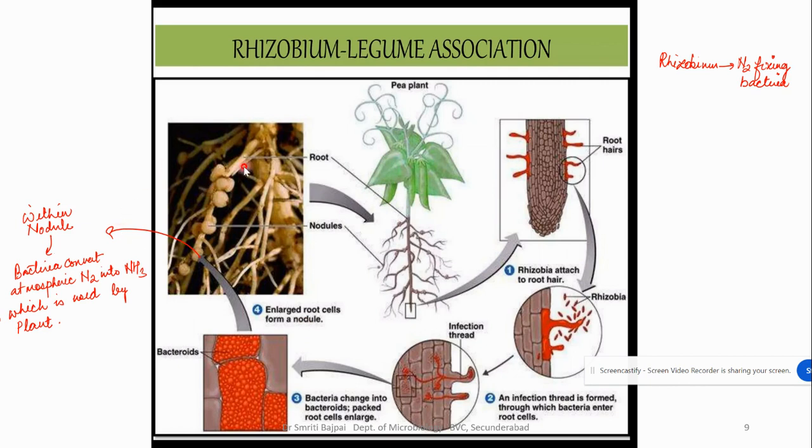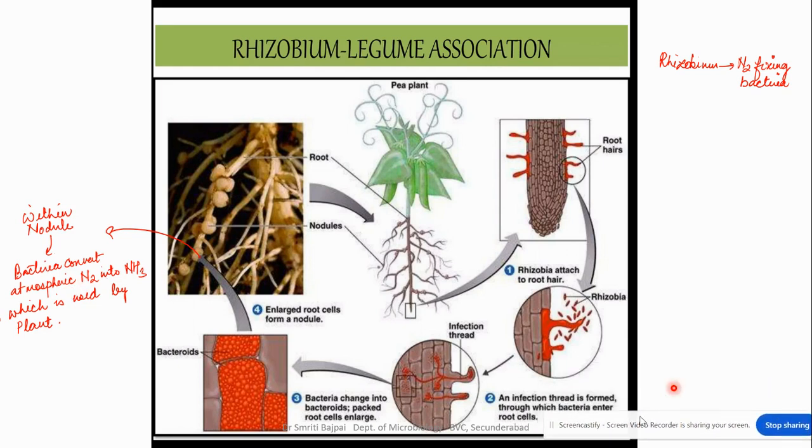We are familiar with these nodules in the leguminous plant. Now the question is, what is happening inside the nodules? Inside the nodules, the bacteria convert the nitrogen present in the atmosphere into ammonia, which can be used by the plant. That is the role of rhizobium in the leguminous plant.